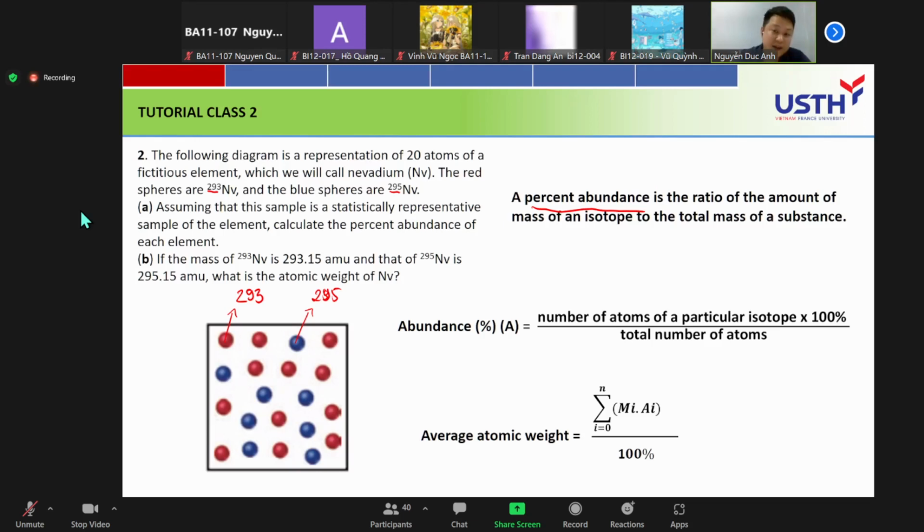So to define the percent of abundance of an isotope, 293 for example, compared to the others, now you have to count the numbers of atoms.